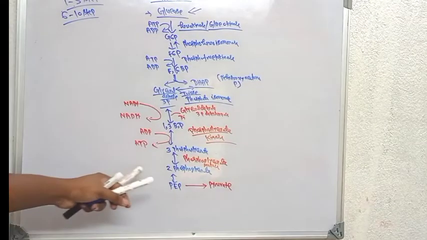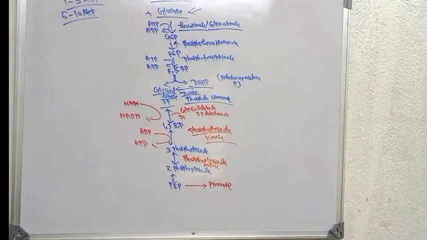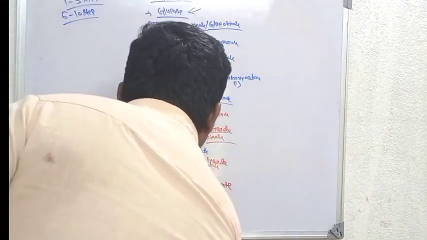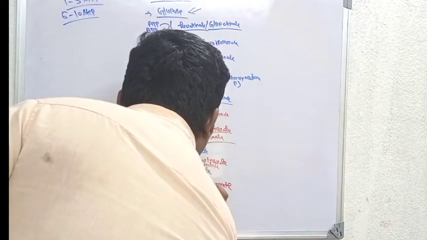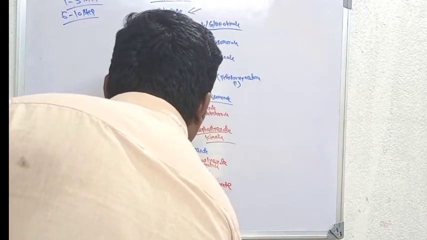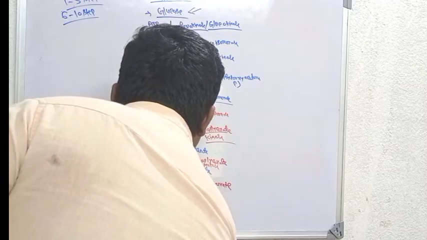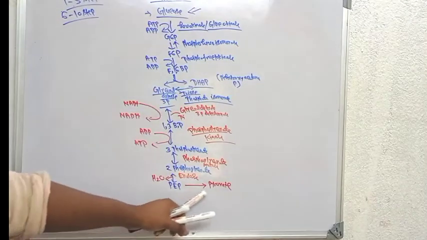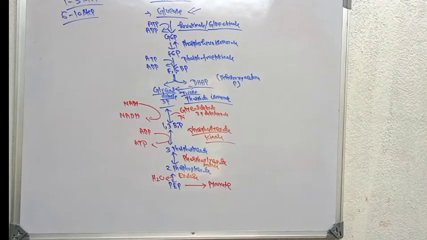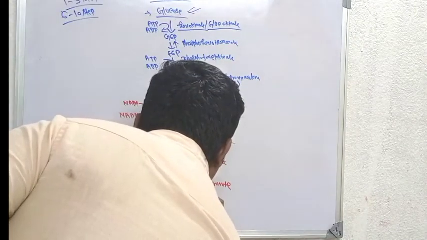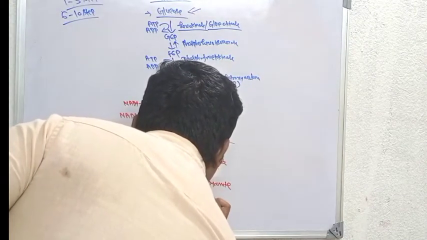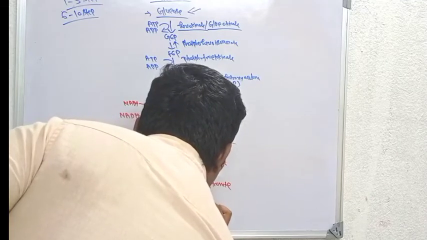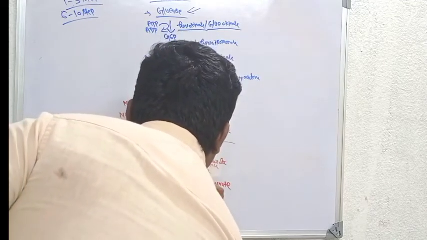And 2-phosphoglycerate to PEP is converted by an enzyme called enolase. This is a dehydration reaction. H2O is removed from the substrate, and for PEP to pyruvate, another important regulatory enzyme, pyruvate kinase, participates in the reaction.